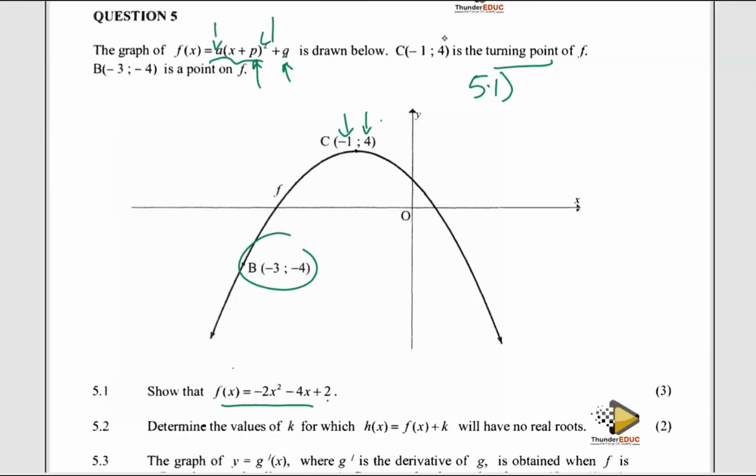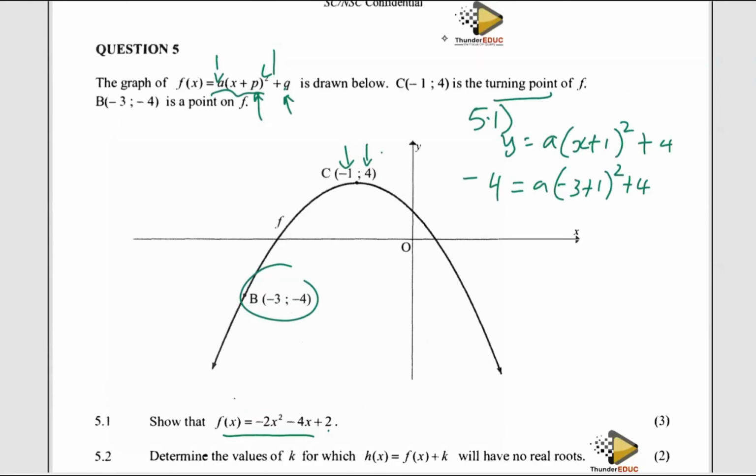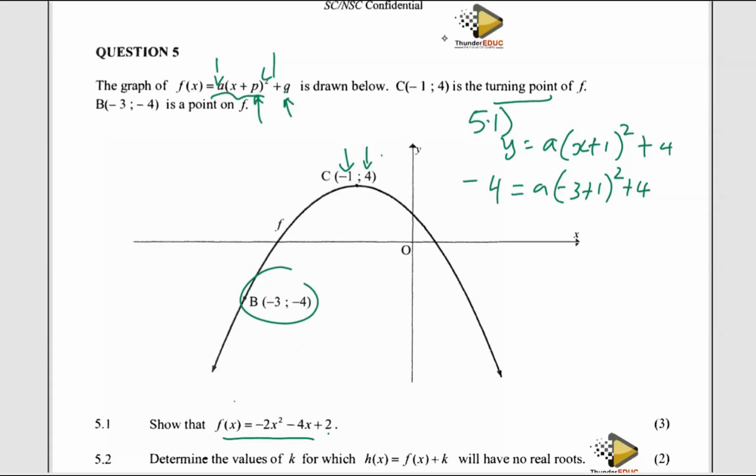Okay, so I'll say y or f of x is equal to A, okay, into x plus 1 squared, and then plus 4. Let me substitute x and y with this point of B. So negative 4 is equal to A into negative 3 plus 1 squared plus 4. When I move this 4 to that side, I'll have a negative 8.